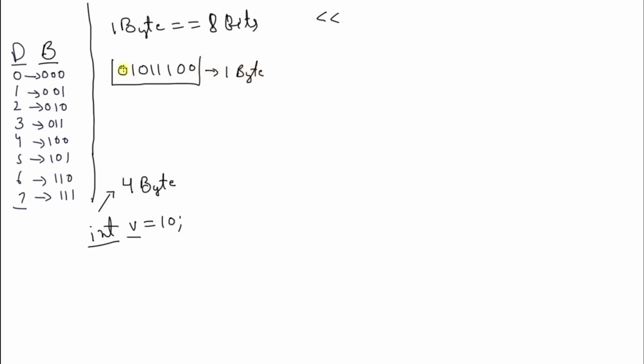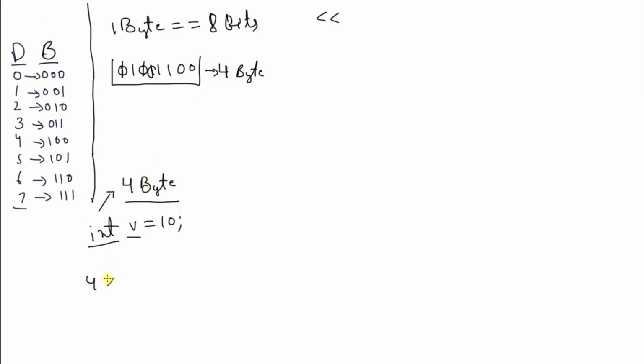This could be anything like 1 here, 0 here, but the main point is the total number of bits should be 8, that's why it is called 1 byte. If it is 4 times, then it is 4 bytes. So if you are creating variable v as an integer which is 4 bytes, it will be taking memory in your RAM.